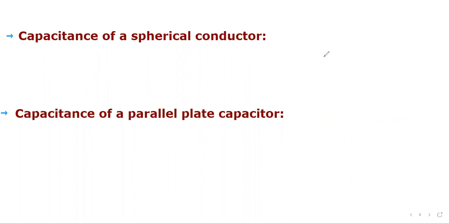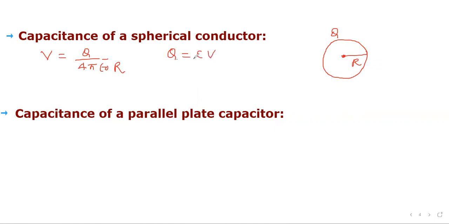Capacitance of a spherical conductor. If you are given a spherical conductor of radius R and it is given charge q, the potential due to this charge is V equals q divided by 4 pi epsilon naught R, and we know that q is proportional to V, and then we put one constant that is called capacitance, so q equals CV.